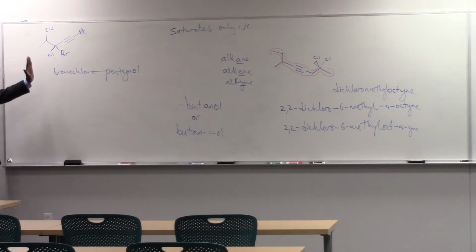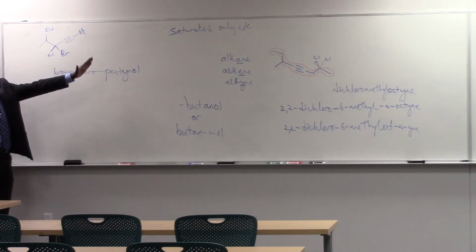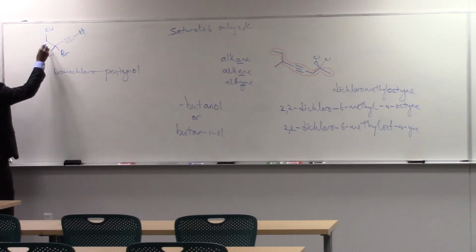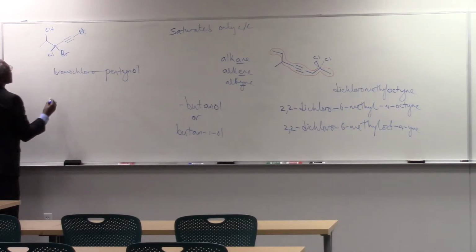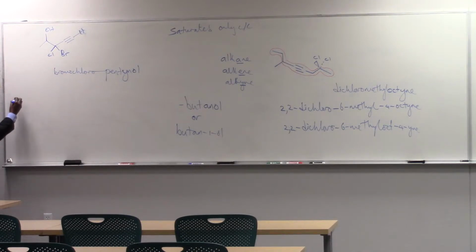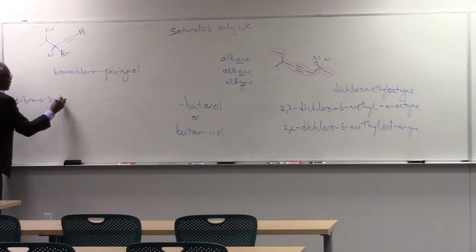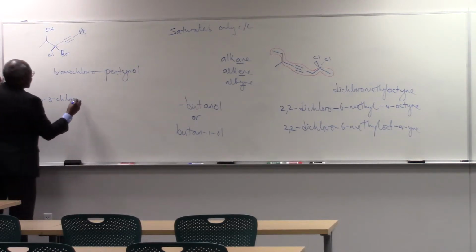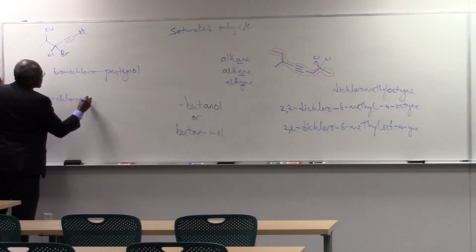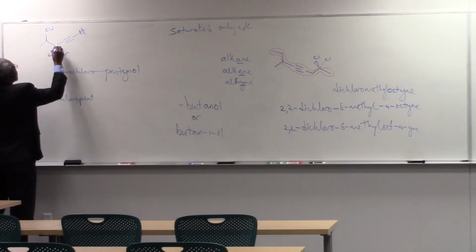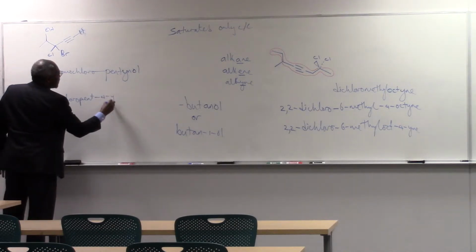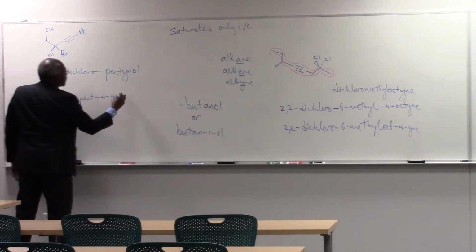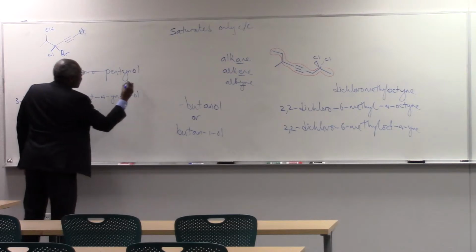So what I need now are locants. I want to give the OH group, the major functional group, the lower locant. So clearly I'm going from left to right. This is carbon 1, 2, 3, 4, 5. In which case this compound is going to be 3-bromo, 3-chloro, pent-4-yn-2-ol.